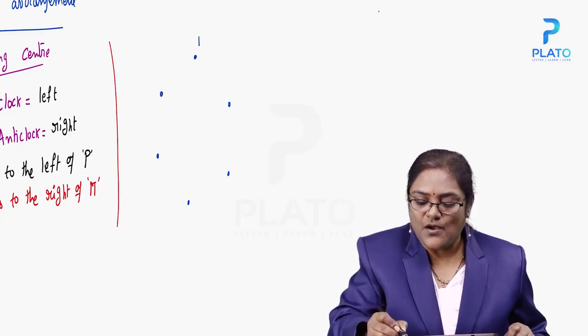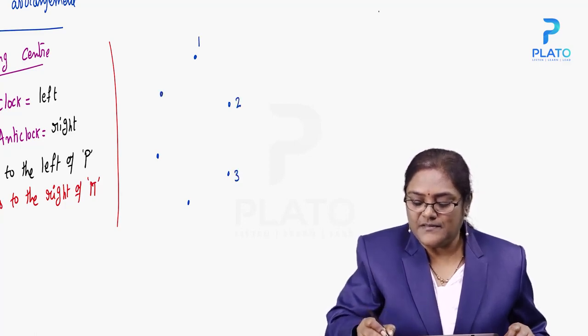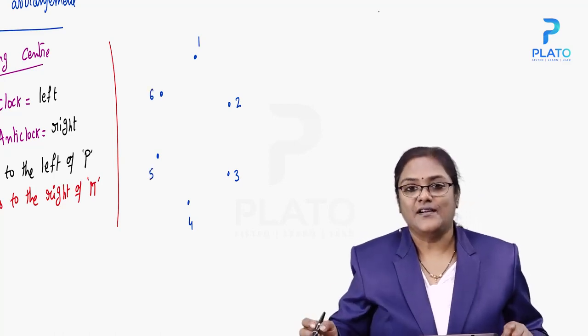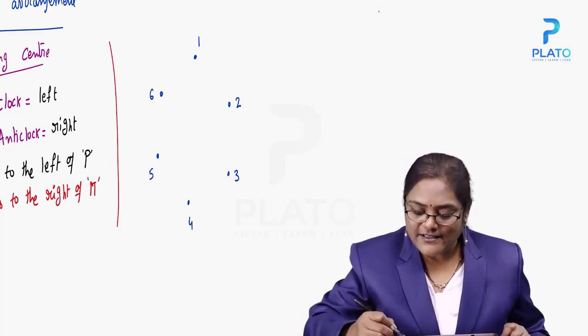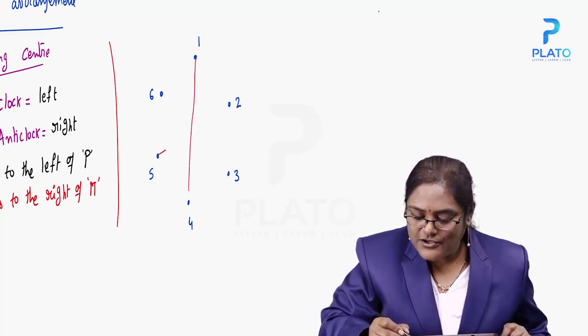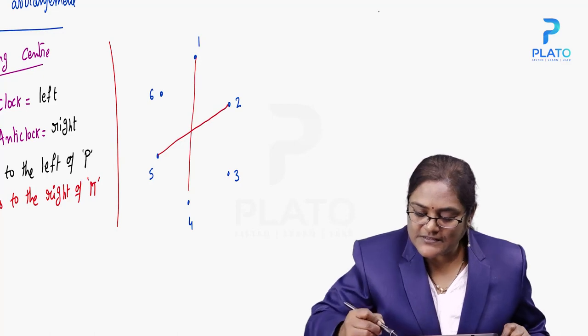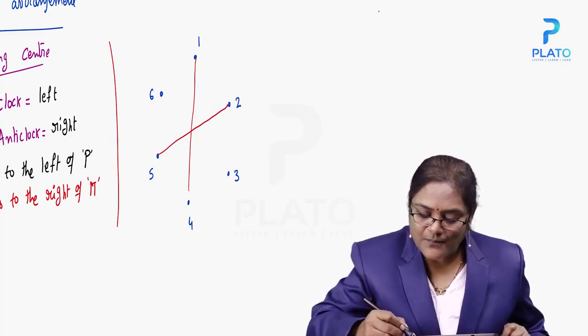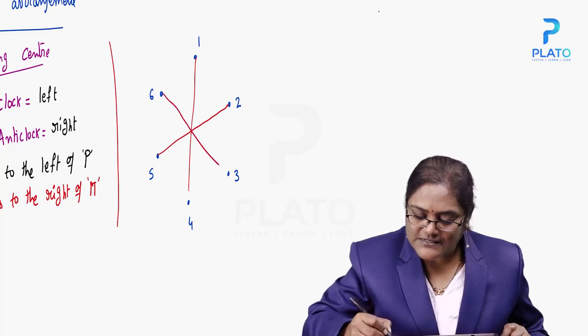Let me number them. Alright, so now let me take the opposites. 1 and 4 opposite, 5 and 2, or you can say 2 and 5 opposite, 3 and 6 or 6 and 3. Okay, they are opposites.